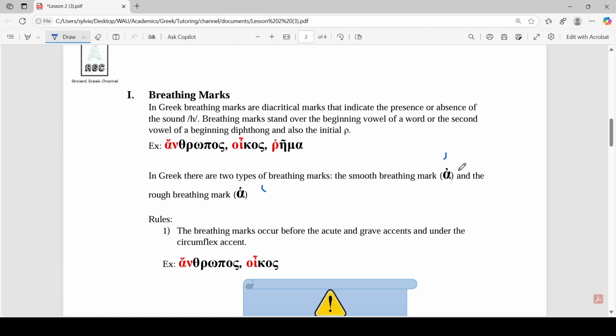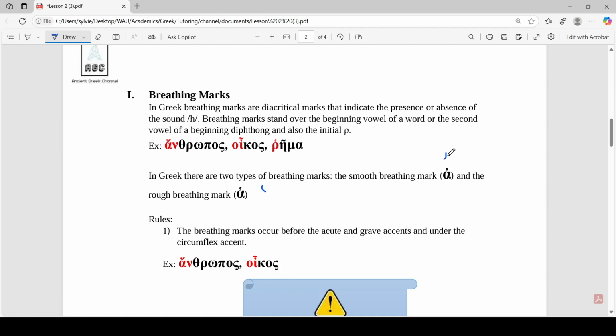A way to distinguish these two when looking at their form is to look at them as comma-like signs. For the smooth breathing mark, it starts from the top and goes slightly down to the left, while the rough breathing mark starts from the top and goes slightly down to the right.